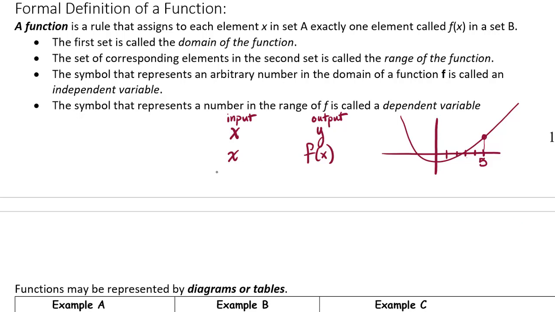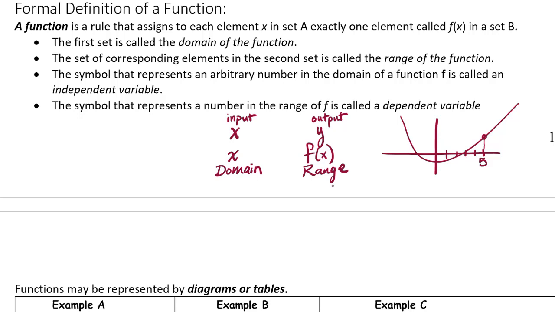The input is my domain, and the output is my range. So I've just given you input, x, domain, and output, y, f of x, and range as all things that you might see to represent what you get out of a function.